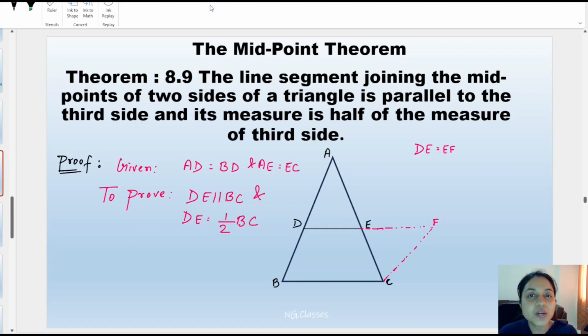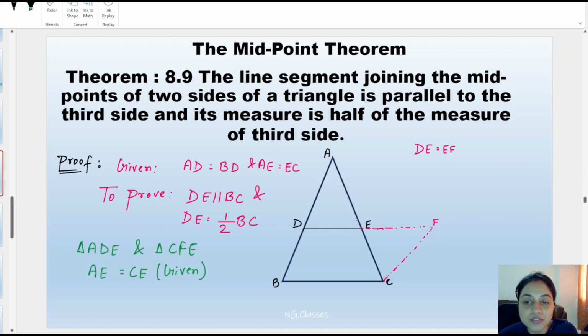Now let's focus on triangle ADE and triangle CFE. Here side AE is equal to side CE, which is already given in the theorem, as E is the midpoint of side AC.